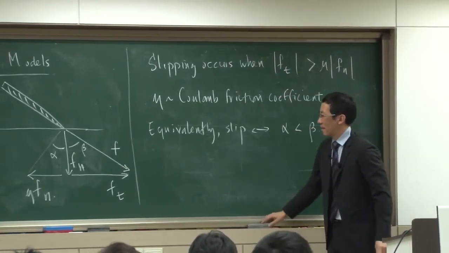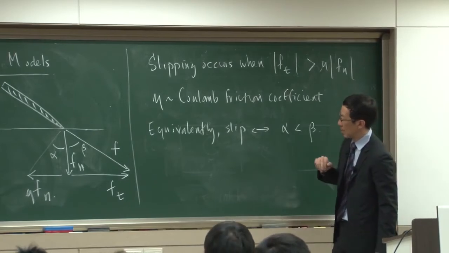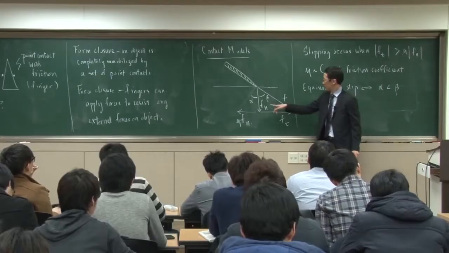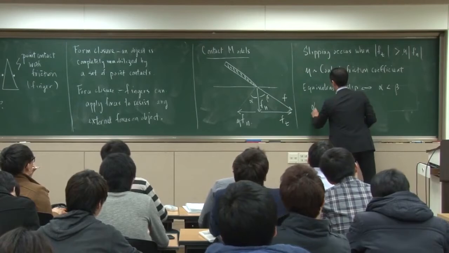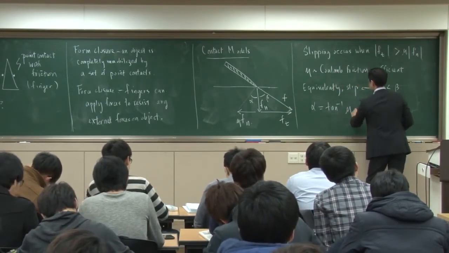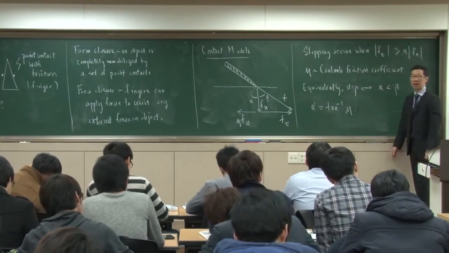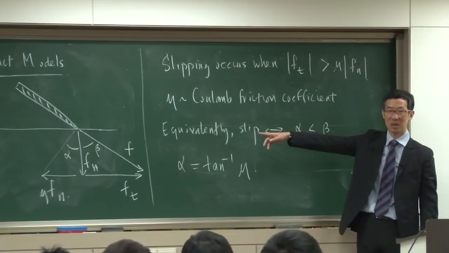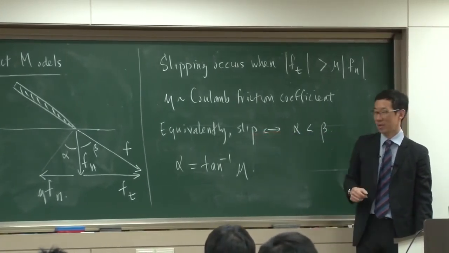So what is alpha here? It turns out alpha is just the inverse tangent of mu, and that should be clear from straightforward trigonometry.